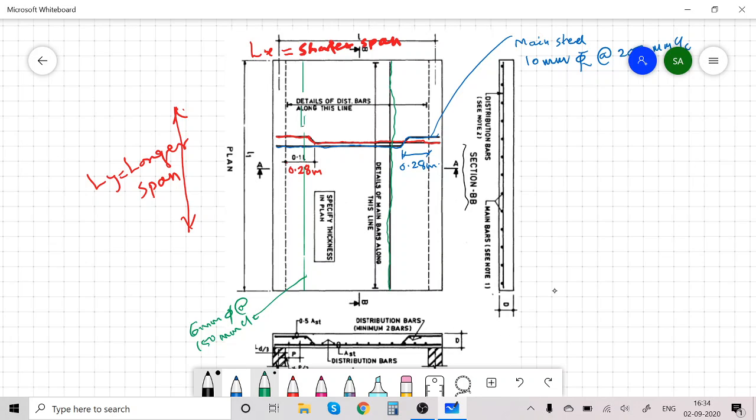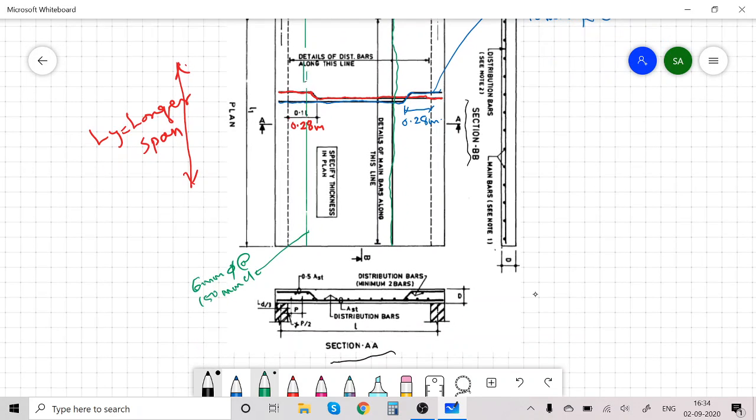You can draw the cross section along A, that is along shorter span. This is cross section along shorter span, whereas this is cross section along longer span. Here you can see the cross section along shorter span. At the bottom there is main steel, and above the main steel the bars are distribution steel.